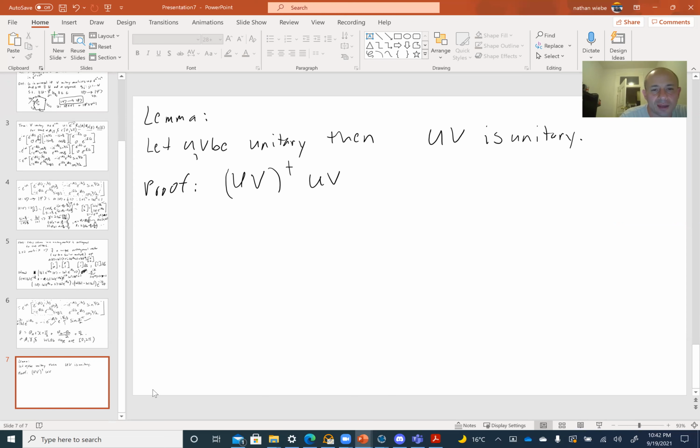Now recall that the adjoint ends up reversing the order of the product. So the adjoint of this is equal to V U dagger U V. Now, because of the fact that matrix multiplication is associative, we can end up expressing it like this. Now, since U is unitary, this is equal to V dagger V, and this is equal to identity.